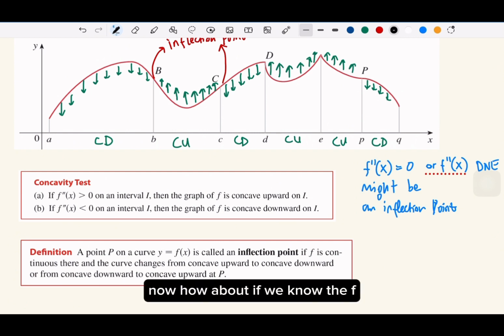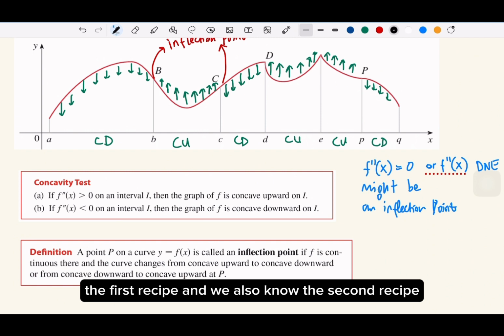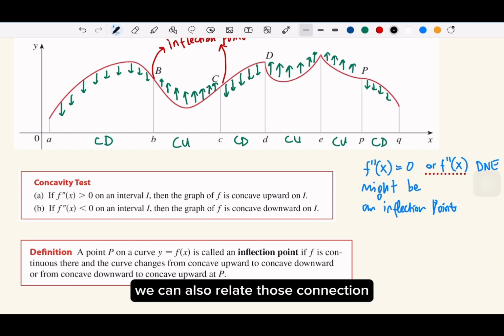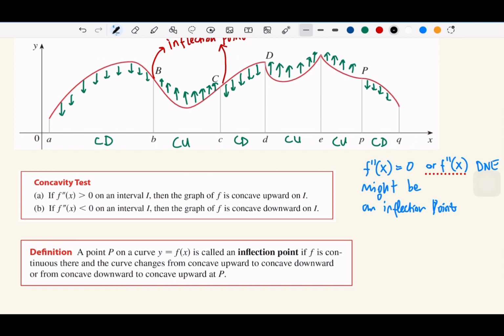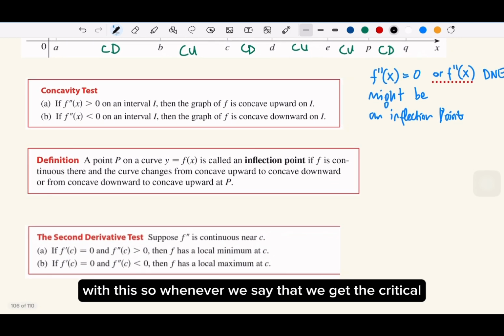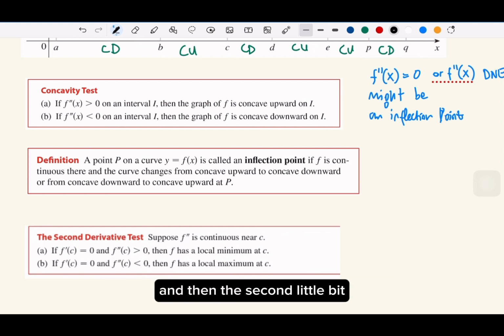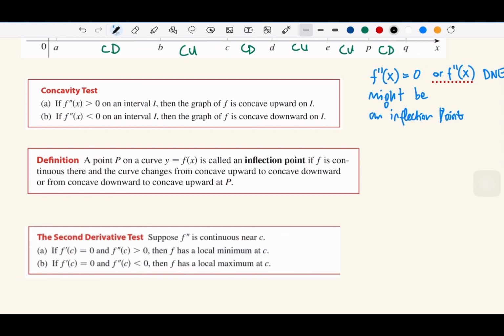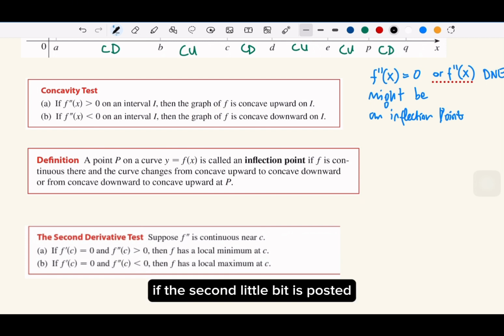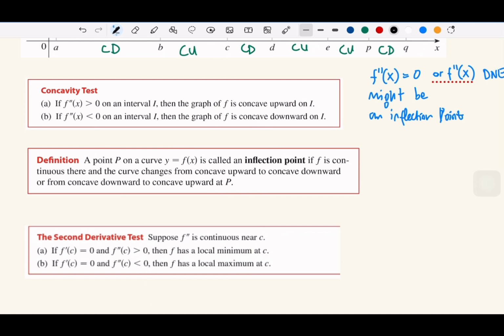Now, how about if we know the first derivative, and we also know the second derivative? We can also relate those connections. So whenever we get the critical number or critical point, f prime of c equals 0, that c is the critical number, and then the second derivative, if it is positive, f has a local minimum.